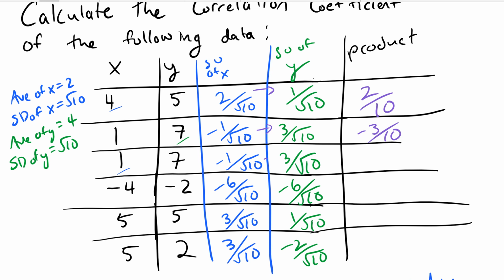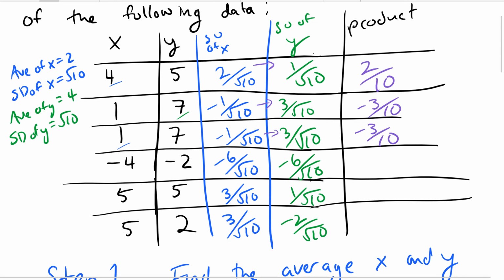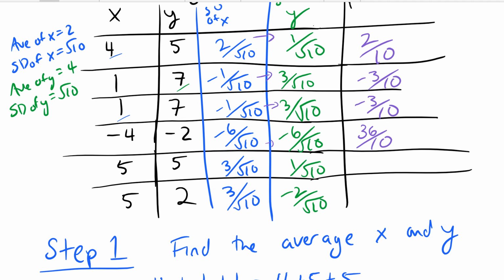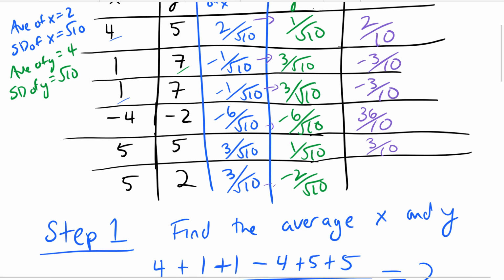Here we have negative 1 over root 10 times 3 over root 10, and once again that will be negative 3 over 10. Here we have negative 6 over root 10 times negative 6 over root 10. That is positive 36 over 10. Then we have 3 over root 10 times 1 over root 10. That's 3 over 10. 3 over root 10 times negative 2 over root 10 is negative 6 over 10.